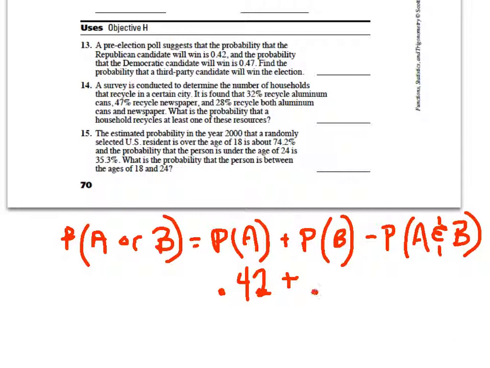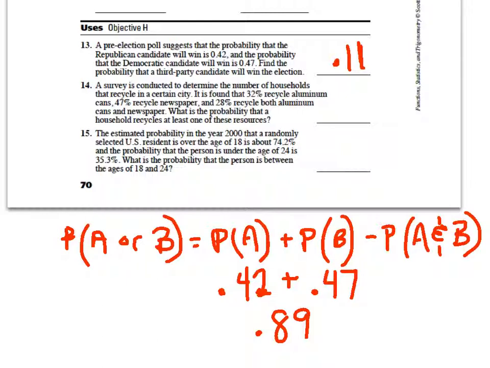Democrats as B, that'd be 0.47. Obviously, you can't be a Republican and a Democrat. You're one or the other, so there is nothing to subtract out. This equals 0.89 when you add it. So the probability of a third party would be 0.11 because we'd subtract that 0.89 from 1, obviously.